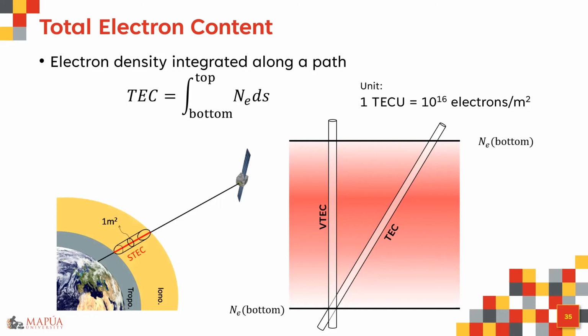As I mentioned earlier, the refractive index is related to the electron density. That means the delay caused by the refraction can be used to estimate the amount of electron density and therefore the total electron content, or directly the total electron content. And that is what we usually use in our group.